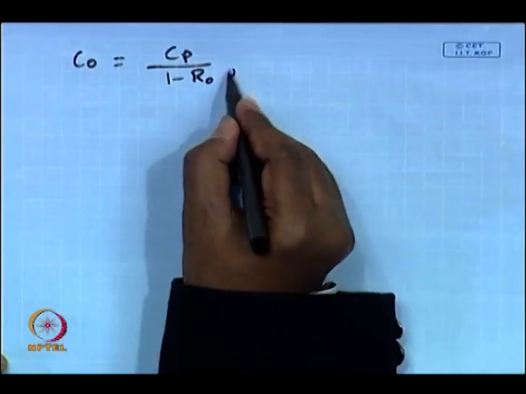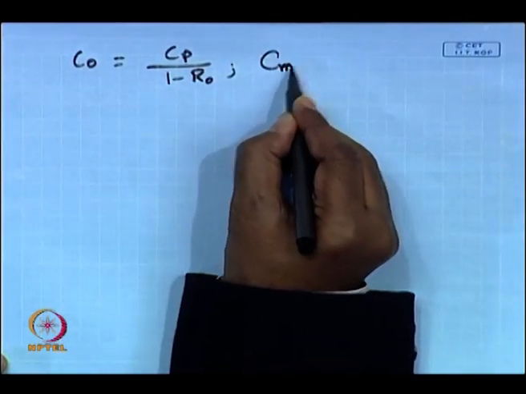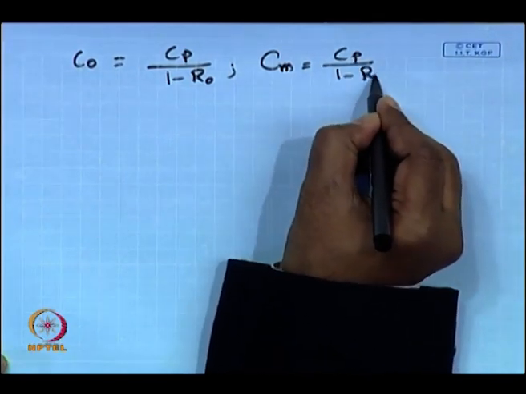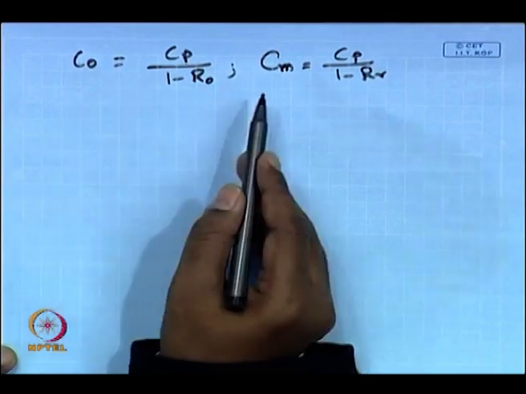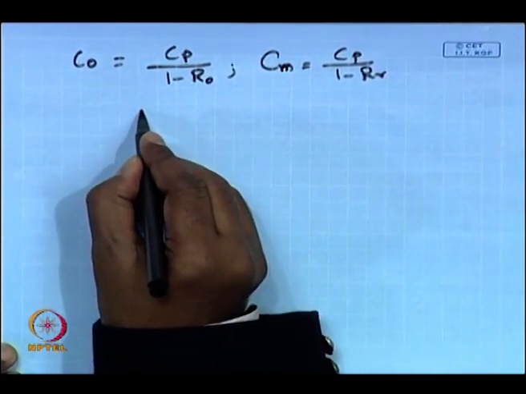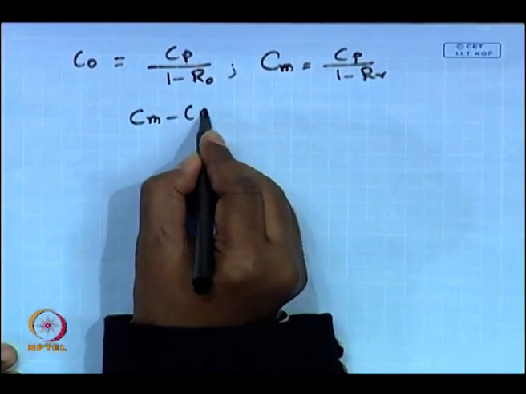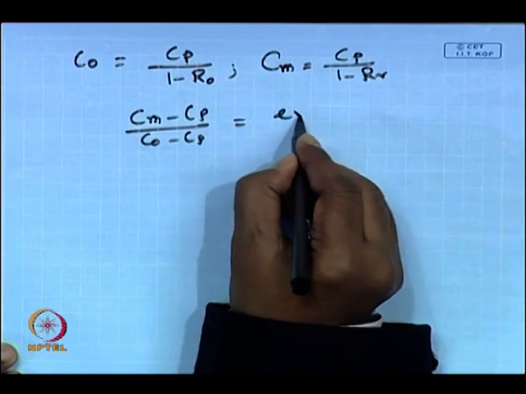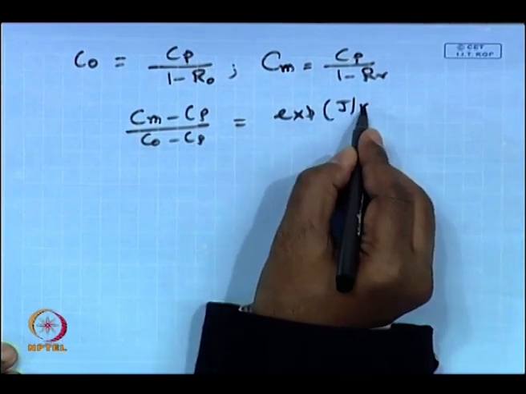And what is Cm? Cm is nothing but Cp divided by 1 minus Rr. Now, substitute this in the expression of the film theory, that is Cm minus Cp divided by C naught minus Cp is equal to exponential j by k.